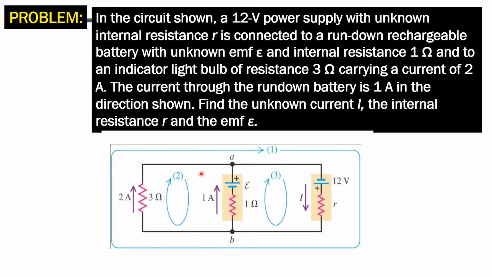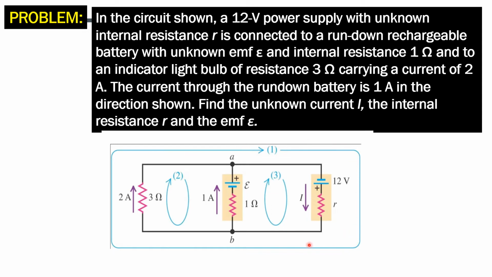For the other loop, the smaller loop on the left, again, the travel is also clockwise. And if there is still a need to use the bigger loop, again, the assumption of the travel is clockwise.